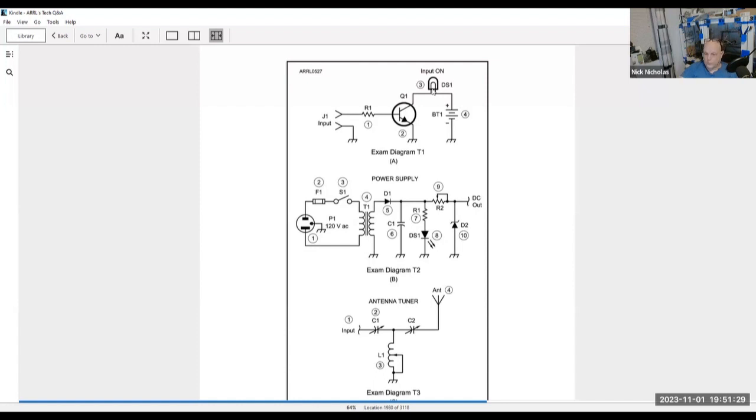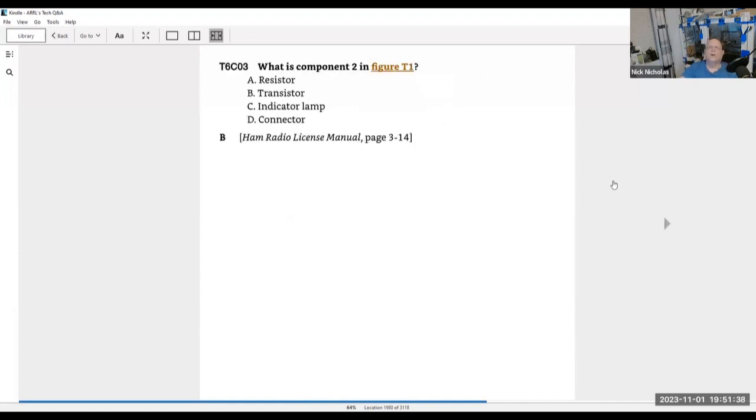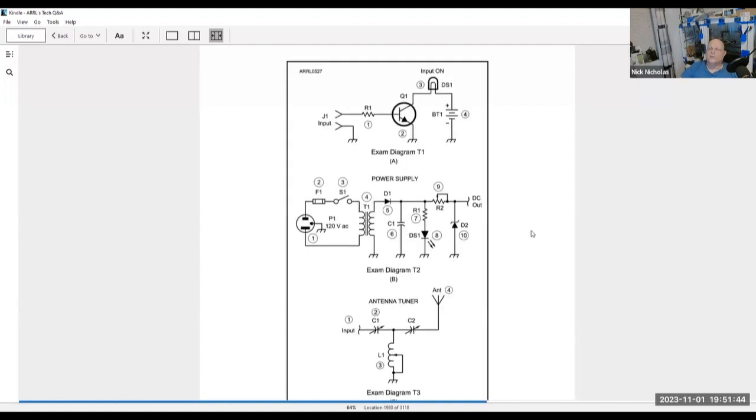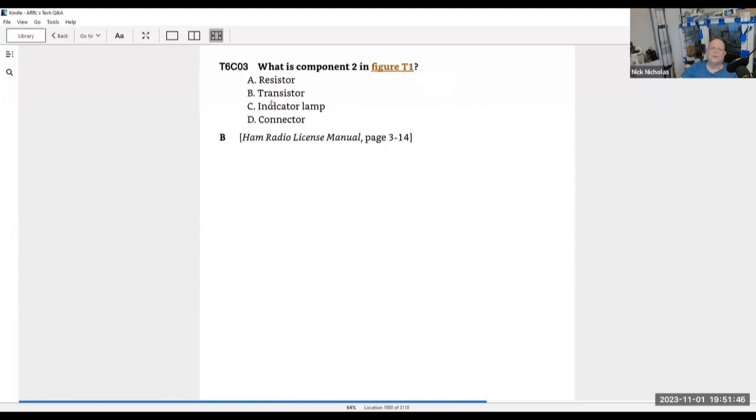So, let me go back. Oh, I could have got there the easy way. What is component 2? We already covered that. Component 2 is a bipolar transistor. It's transistor B. What is component 3?